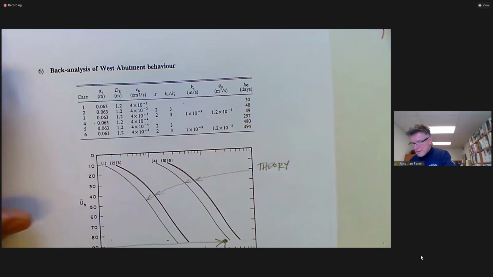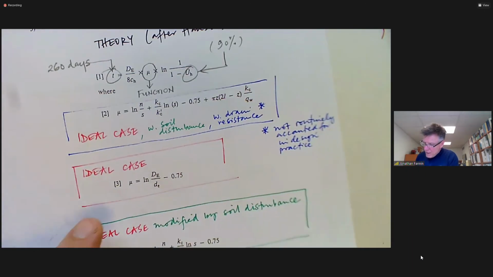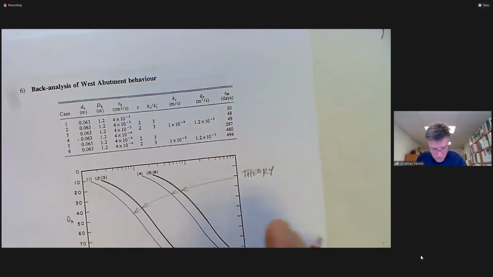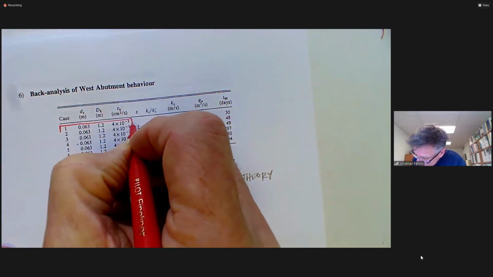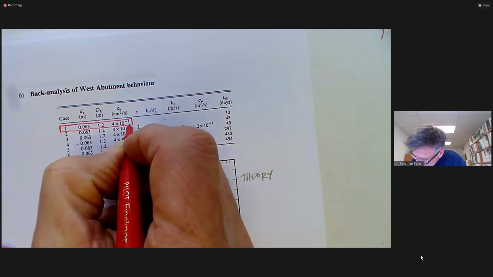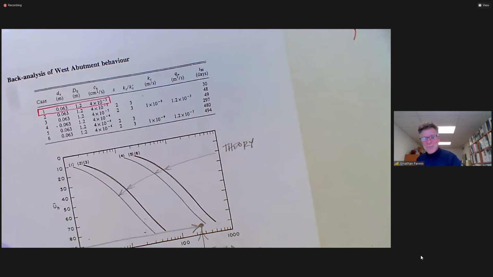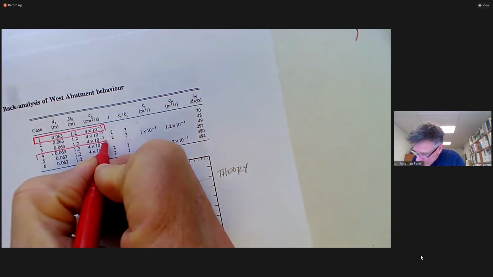And let's look at these, and this is where the final learning objective is satisfied. And let me keep the same color coding that I had: red for the ideal case, green with soil disturbance, and blue with soil disturbance and drain resistance. So the ideal case would be number 1 and number 4. Why do I say that?